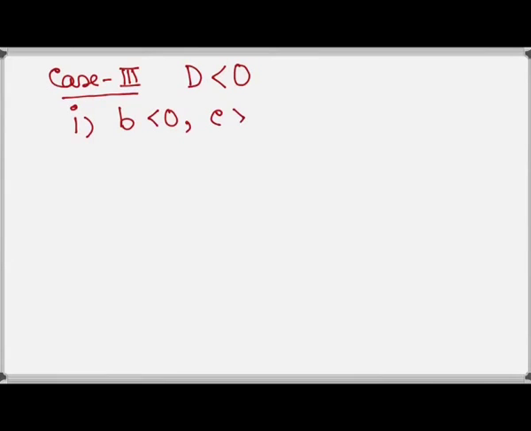Now we move on to the last case, which is the discriminant D strictly less than 0. We take our first subcase here to be b is strictly less than 0 and c is strictly bigger than 0.